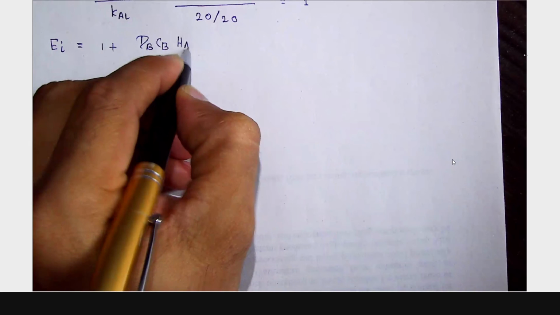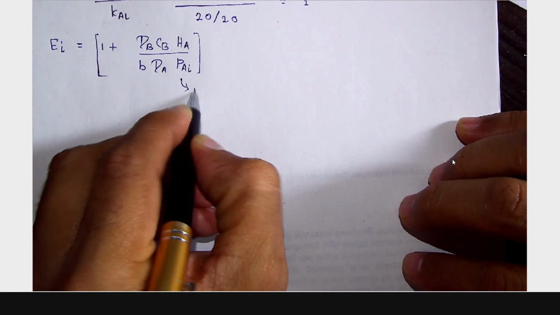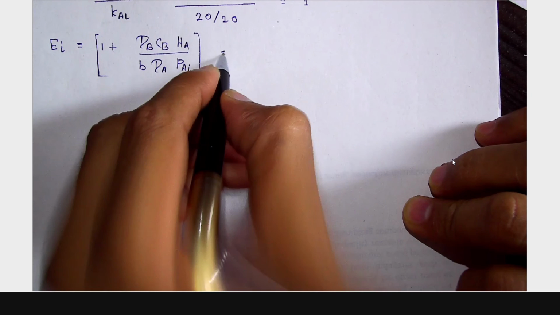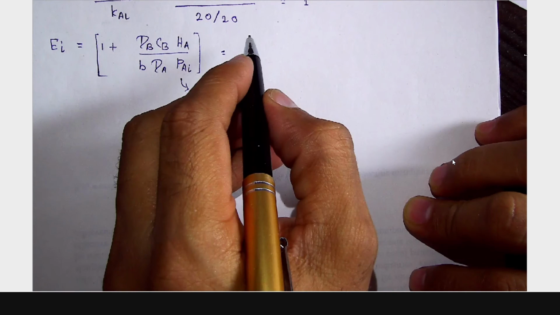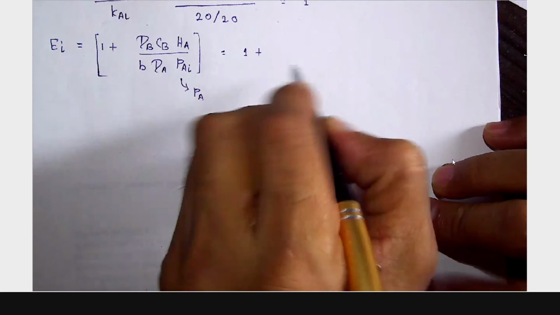Now we have to go for EI. EI is the enhancement factor for an infinitely fast reaction. We can say that it is 1 plus DB CB upon DA, times HA upon the interface partial pressure PI. The maximum possible PI will be PA, so we'll try that first.